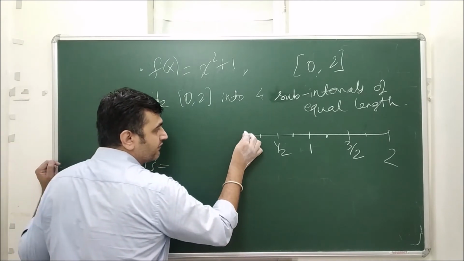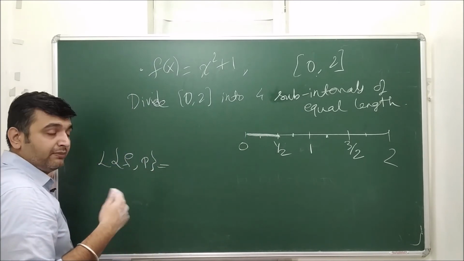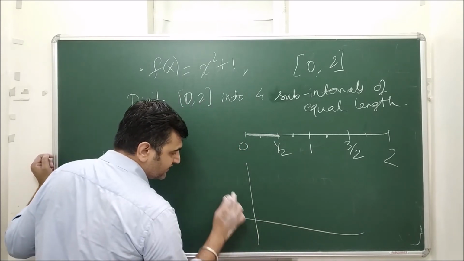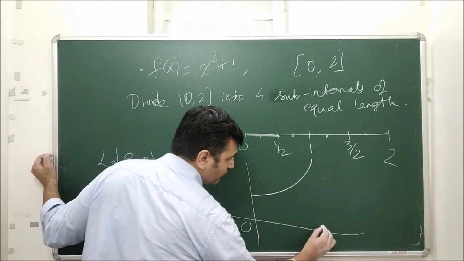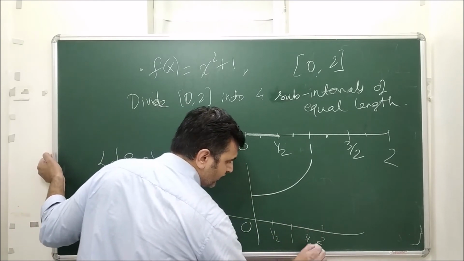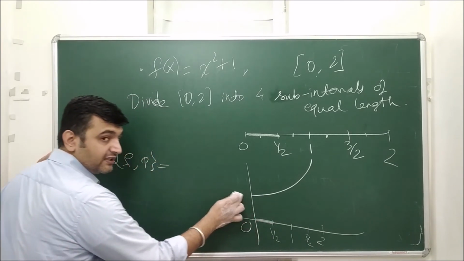For LFP, in the first subinterval, as it is an increasing function, I told you the minimum value will always occur at the left end point. So x square, I know it is like this, so x square plus 1 will be like this, with points 0, 1/2, 1, 3/2 and 2. In this interval you can see at 0 it is taking the minimum value.